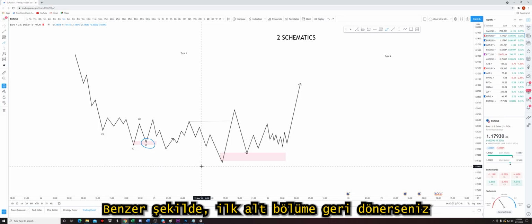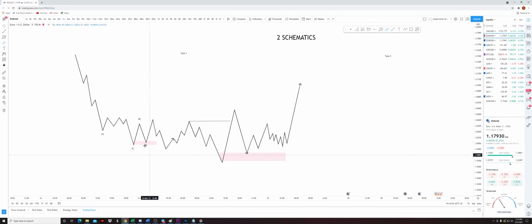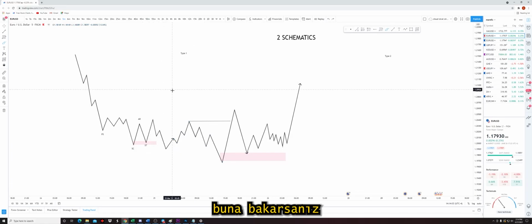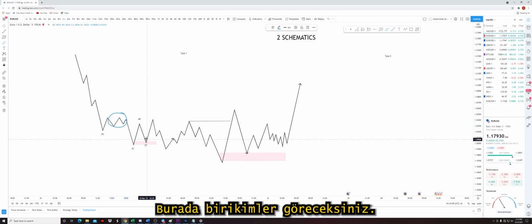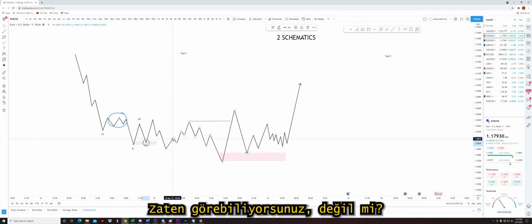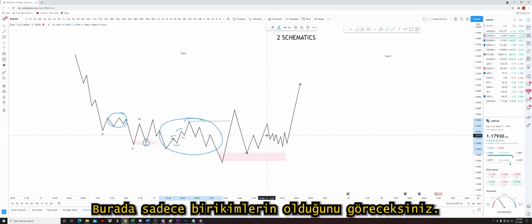Similarly, if you remember back to the first subsection, and you know how we circled all these areas of potential accumulations, if you looked at this price action here on lower time frames, you're going to see distributions here. You're going to see accumulations here. You're going to see distributions. You can already see it, right? Undergoing here. You're going to see accumulations going here, right?